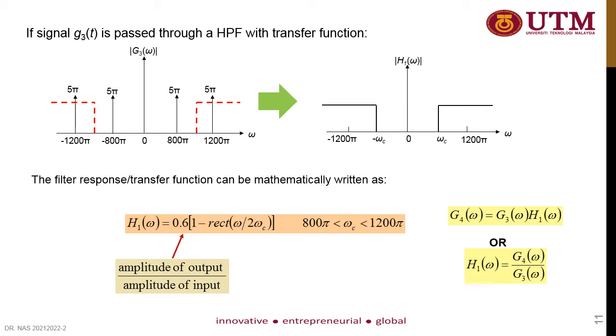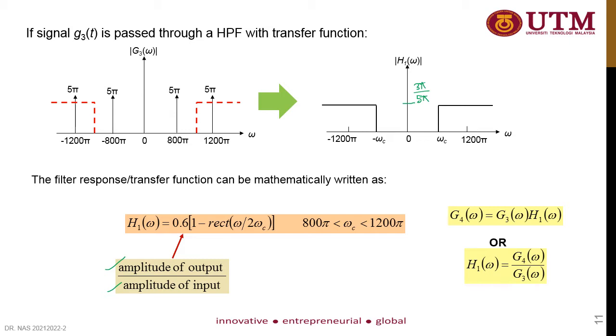Okay, so as mentioned earlier, this is the filter response, the high pass filter response. The magnitude is, in this case, 3 pi over 5 pi. It's basically the ratio between the output amplitude divided by the input amplitude.